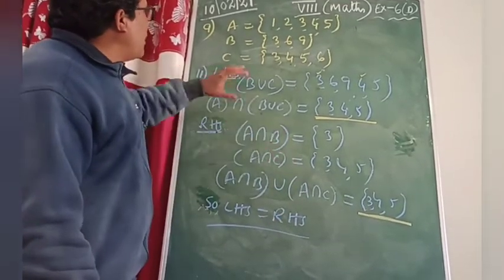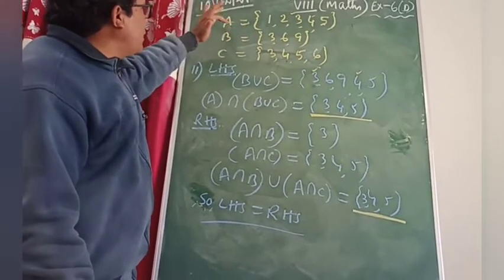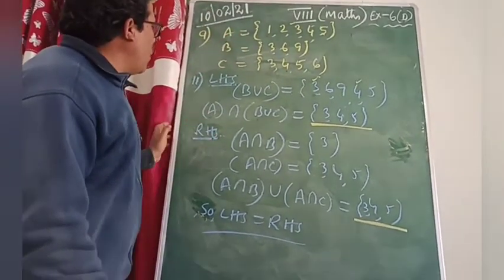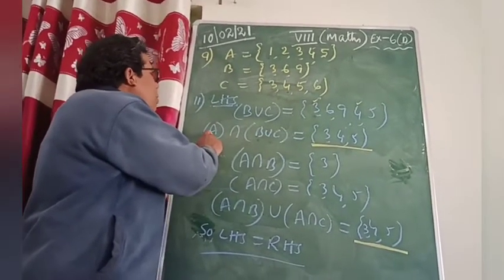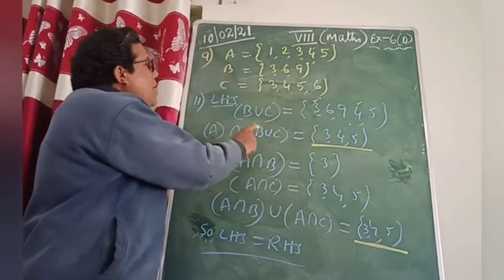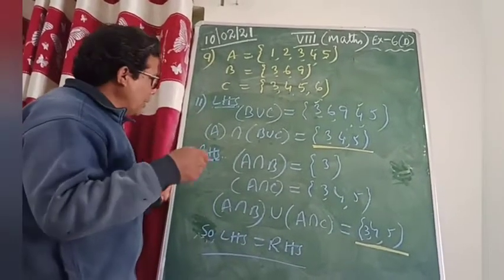So what I have done here, beta, B union C, I got the elements. You know how to find out B union C, it is known to you. Now what I have done, A intersection B union C, that means the elements common in A and B union C. Which all elements are common? 3, 4 and 6.